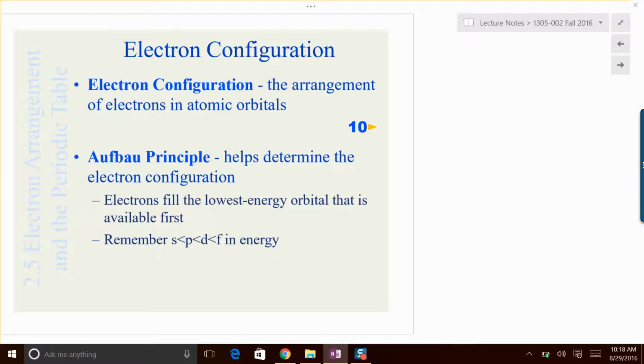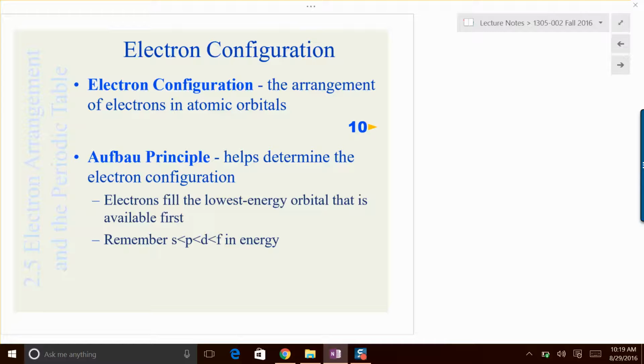Look at the numbering. 56. Where's 57? In the f's. 71. Where's 72? In the 5d. You have to follow the numbering. 6s, 4f, 5d. That's how that fills. 6s, 4f, 5d.